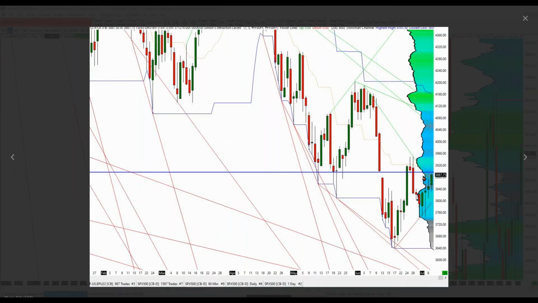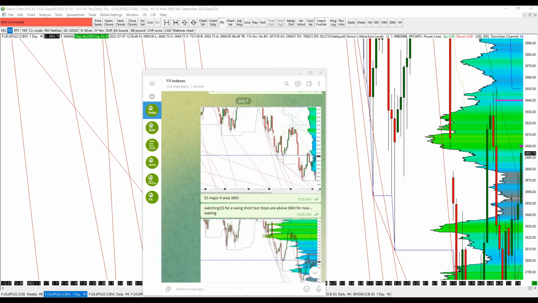I said ES has a level, okay, and then I said my stop losses, if I want to short the market, that was in the morning, my stop losses will be above 3,900. You see, it will be above 3,900. Because this is the last chance for the market to exit, to get into the next level.